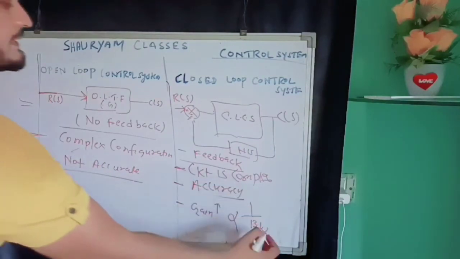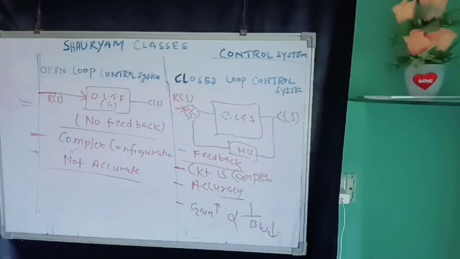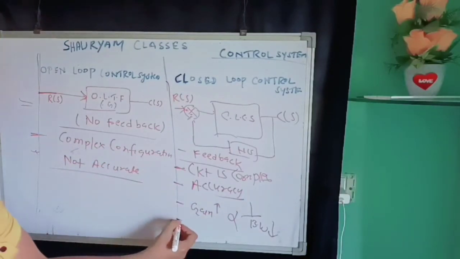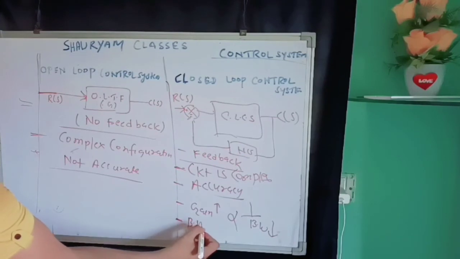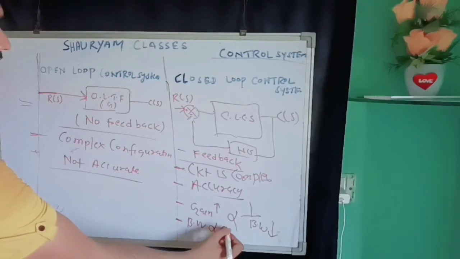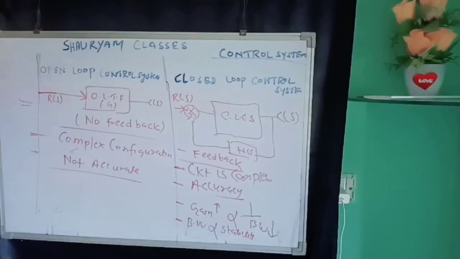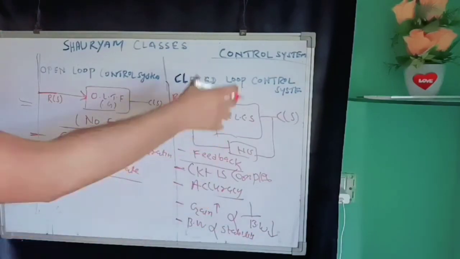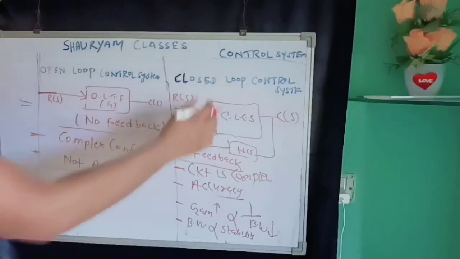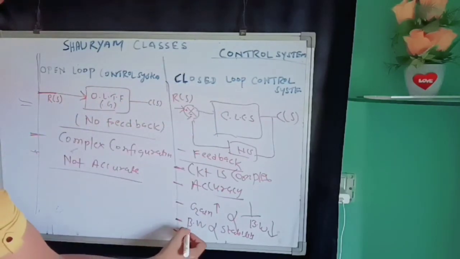In closed loop control system, bandwidth is directly proportional to stability. So in case of the closed loop control system, stability decreases.